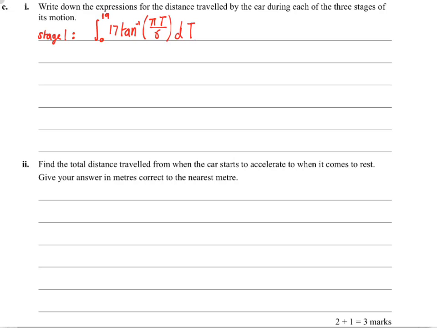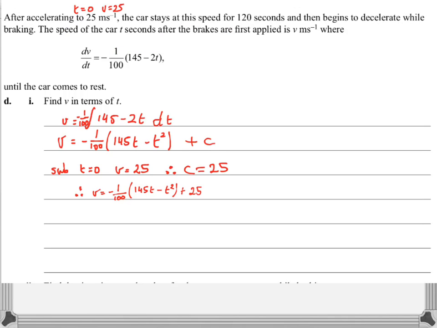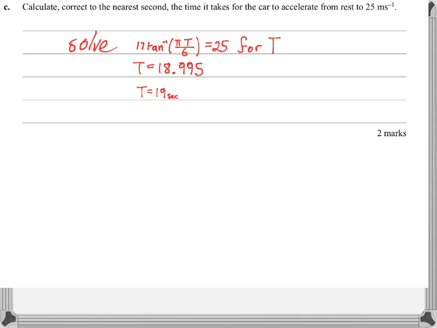So this here is the velocity function as the car accelerates at any point in time, capital T. We had from the endpoint 0 to 19. It's 19 seconds, taken from the previous part in the question, the time it takes for the car to accelerate from rest to 25 meters.